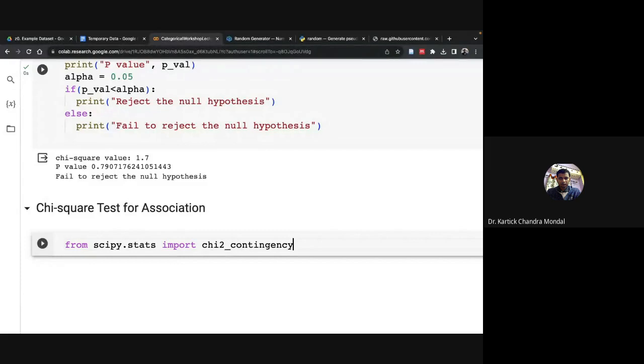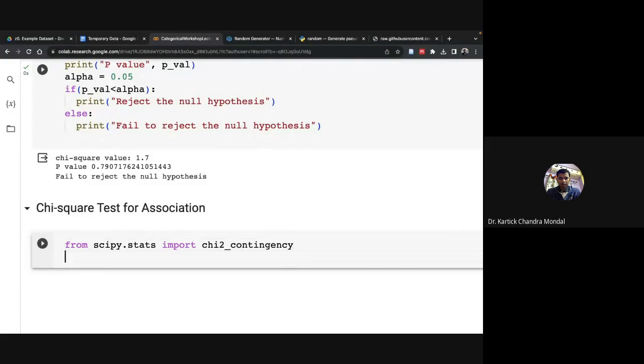So we will use this library function, and we will pass the small data set.